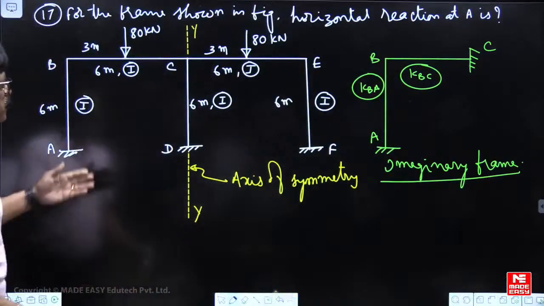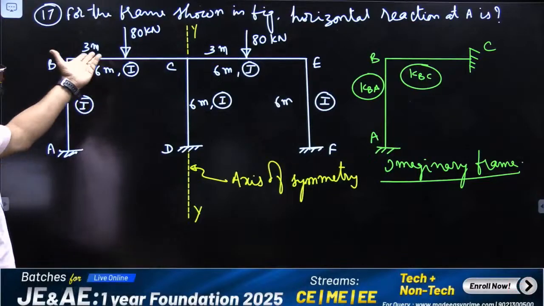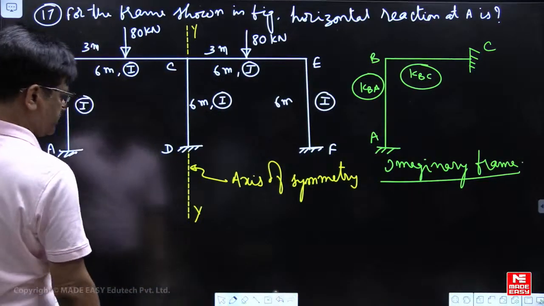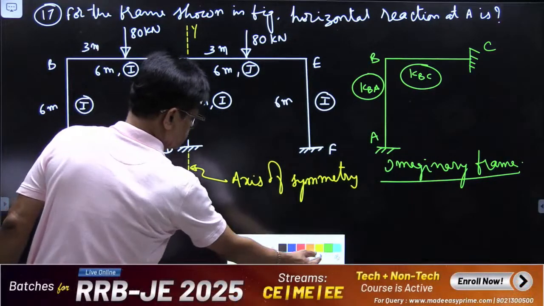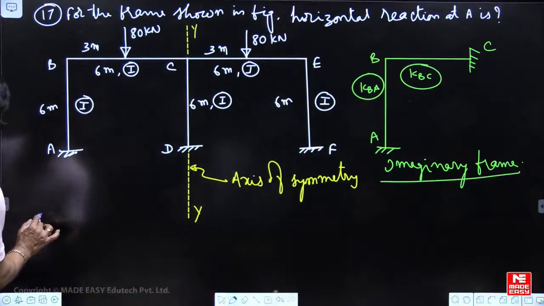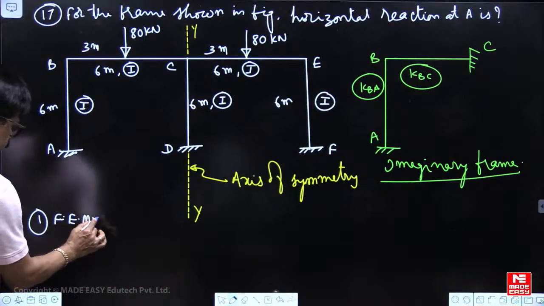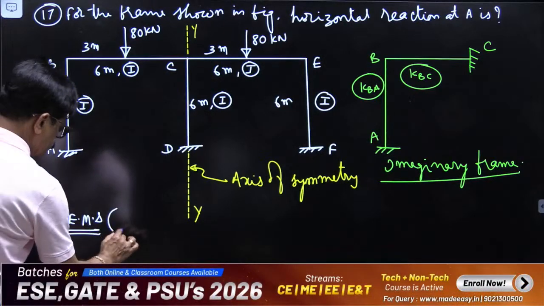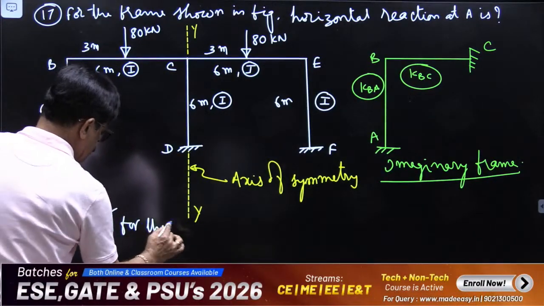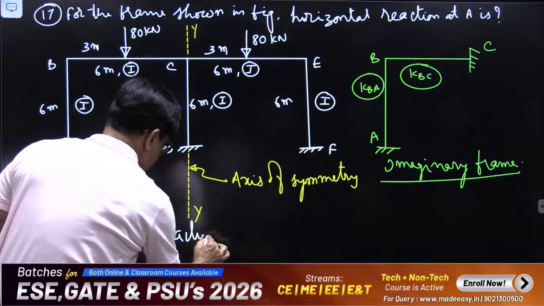Okay. Now fixed end moments we know, WL by 8. First one is fixed end moments. This is for the actual frame.